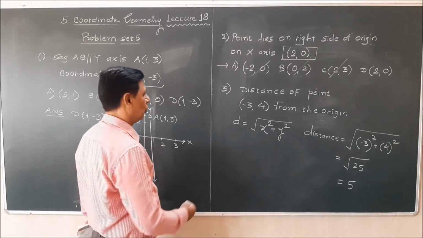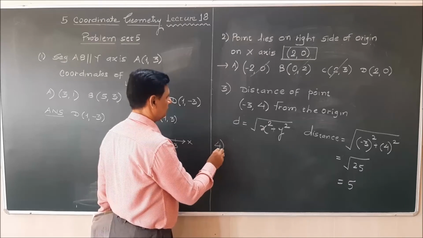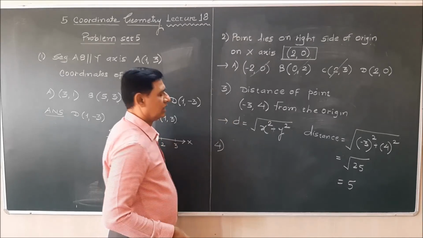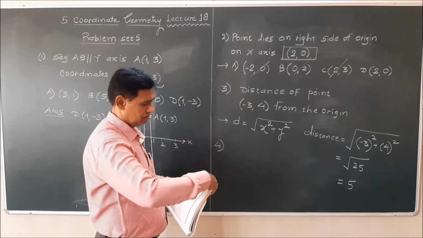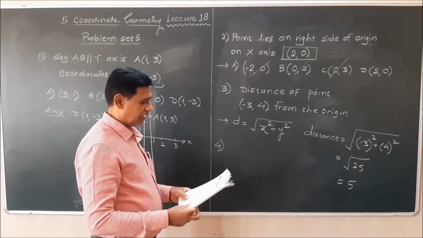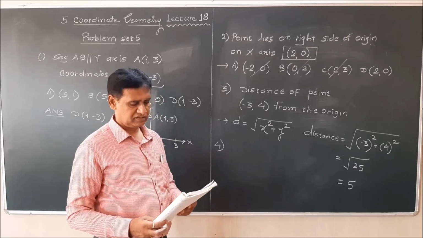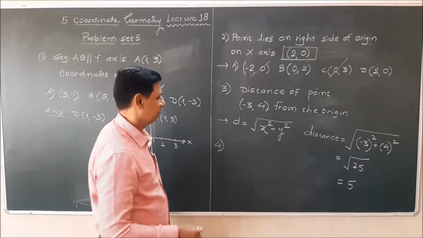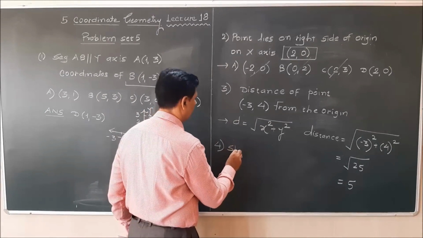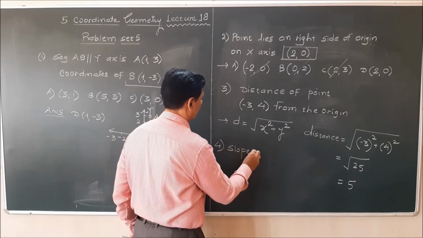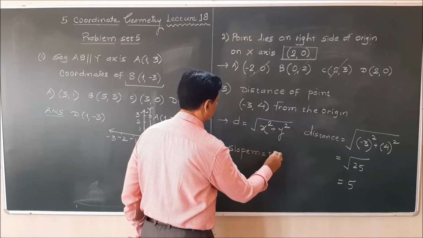Now question number 4 is very simple. In question number 4, they have asked us: a line makes an angle of 30 degrees with the positive direction of the x-axis. The slope of the line, very simple, slope m is equal to tan theta.